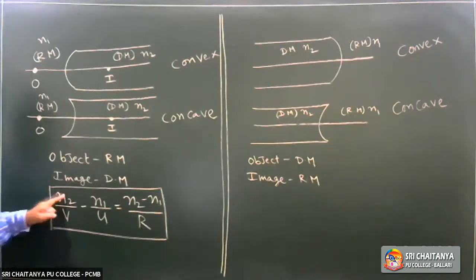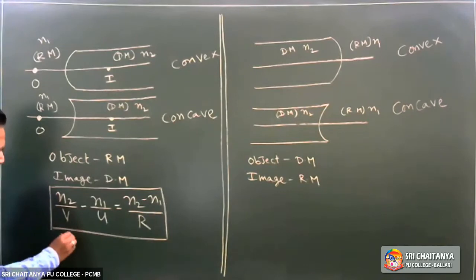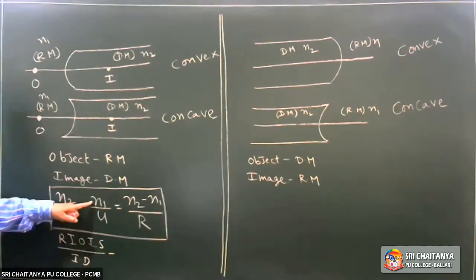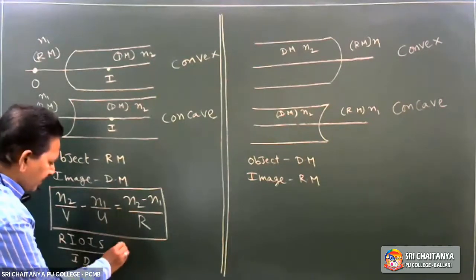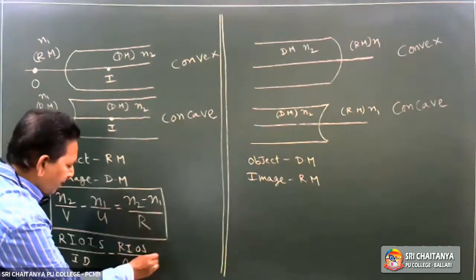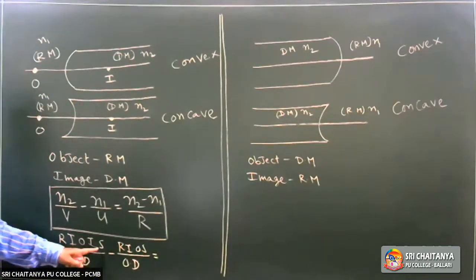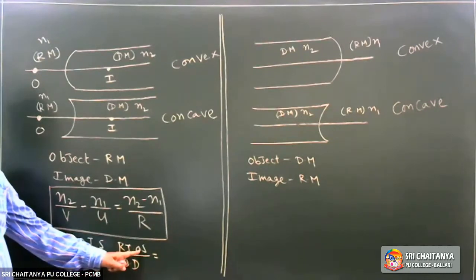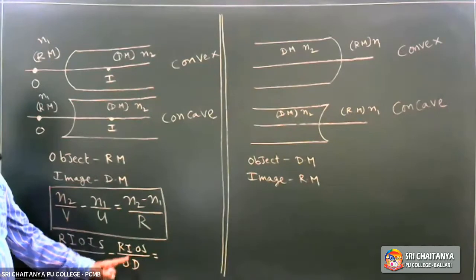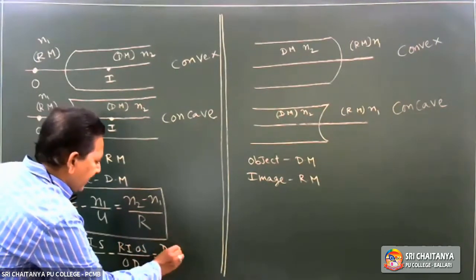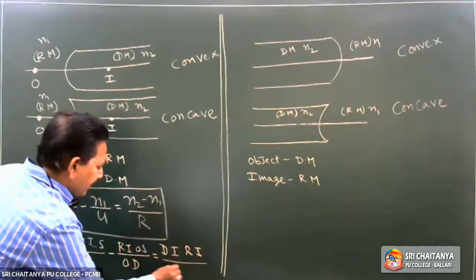So in the general formula, N2 can be written as refractive index of image space by image distance, minus N1, which can be written as refractive index of object space by object distance, is equal to difference in refractive index by radius of curvature.